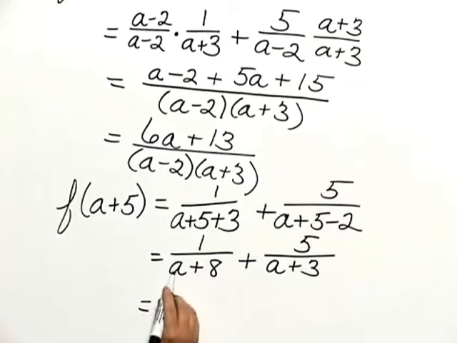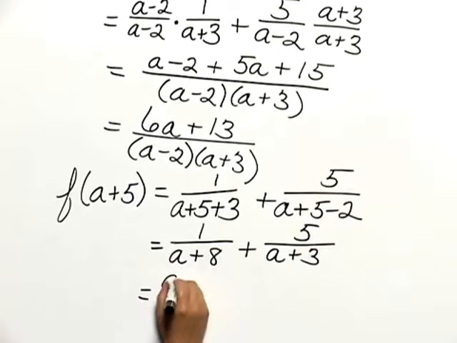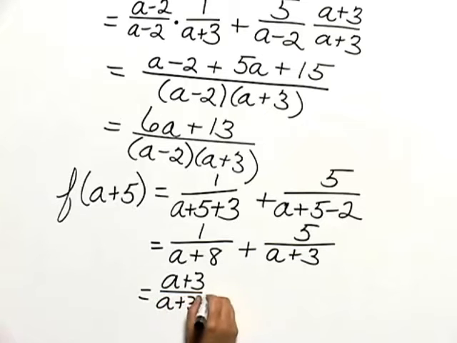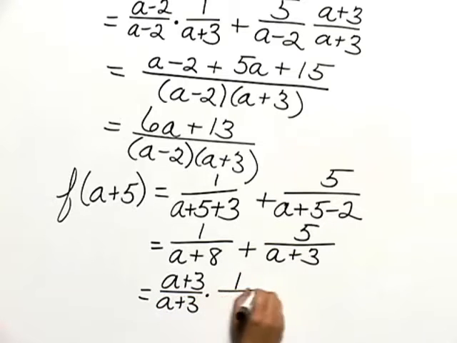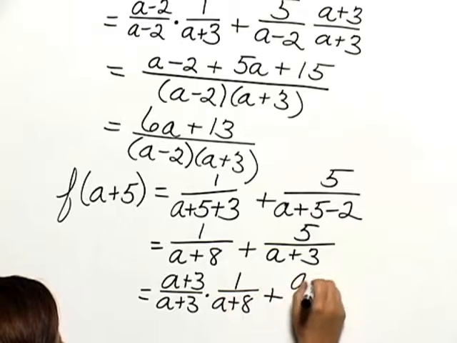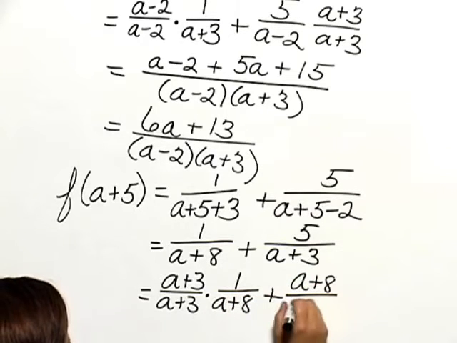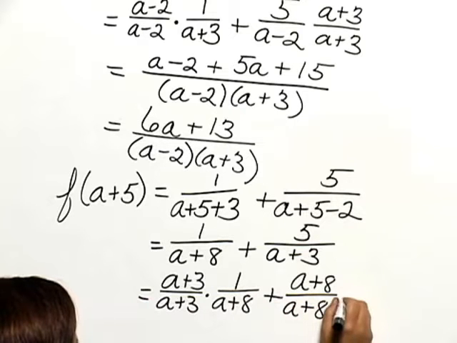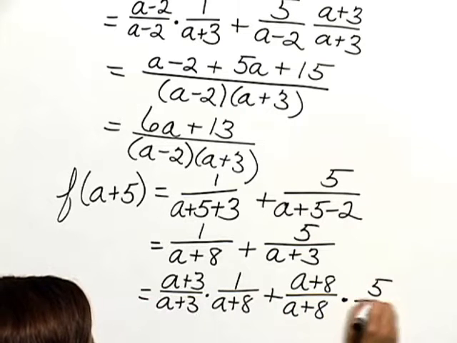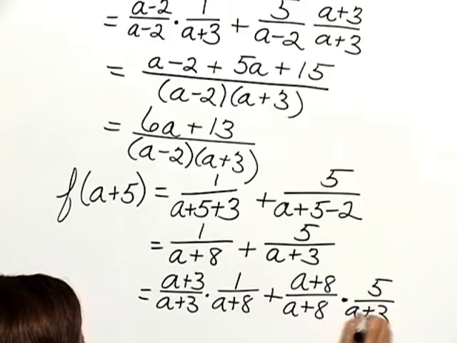Multiplying this by a plus 3 over a plus 3, we would have a plus 3 over a plus 3 times 1 over a plus 8, plus, and this we multiply by a plus 8 over a plus 8 times 5 over a plus 3.